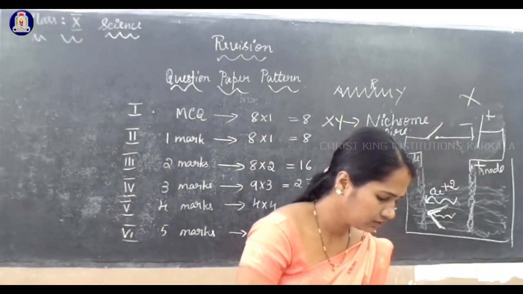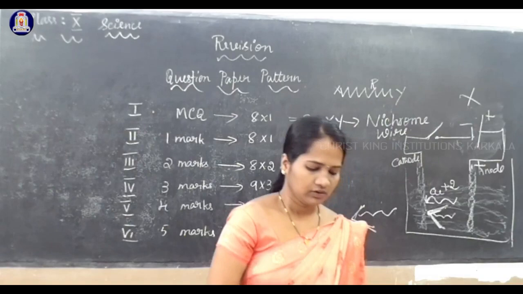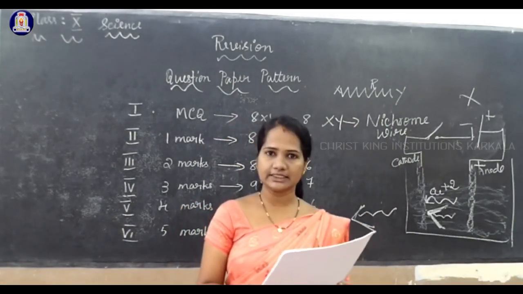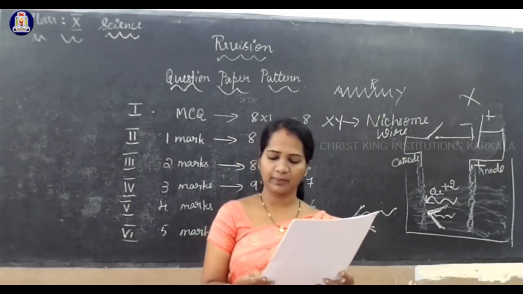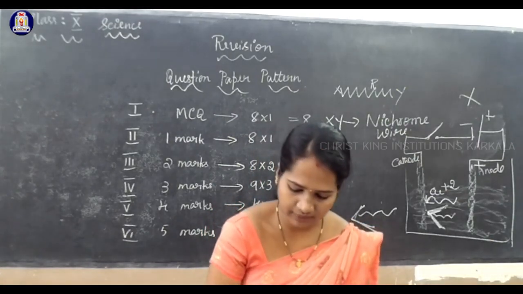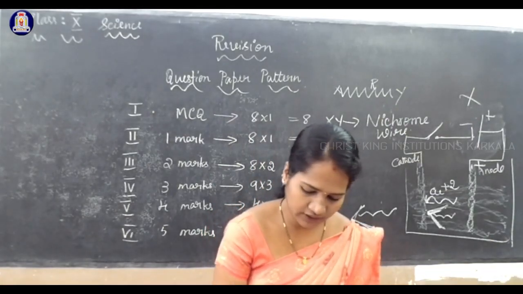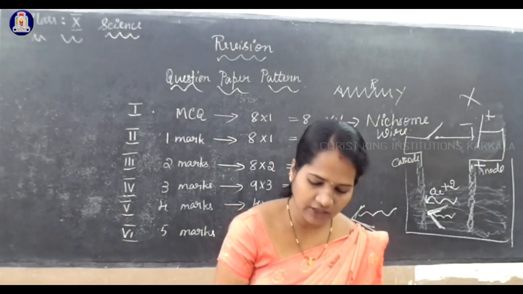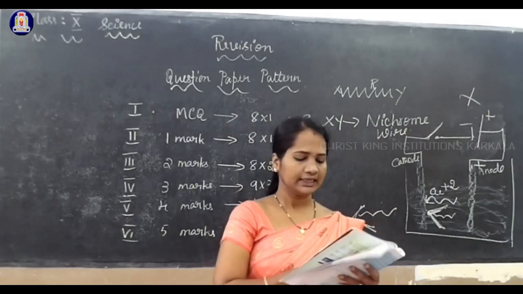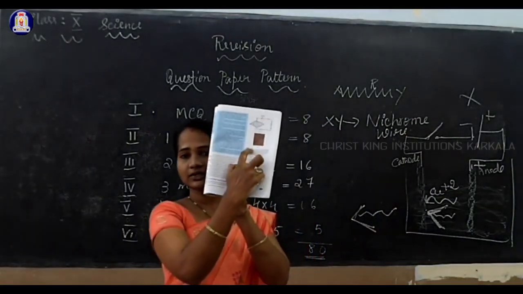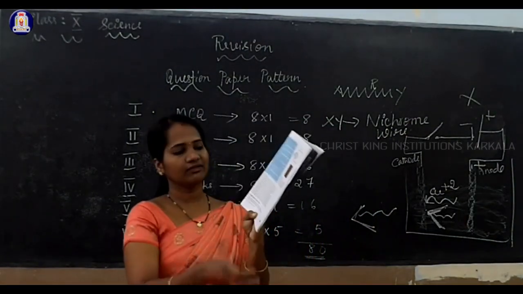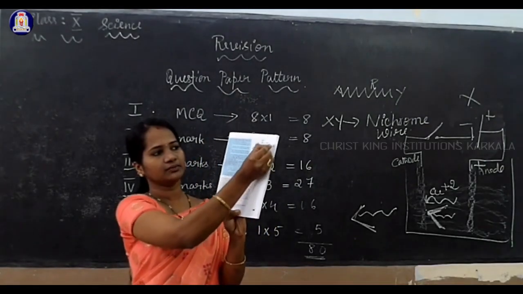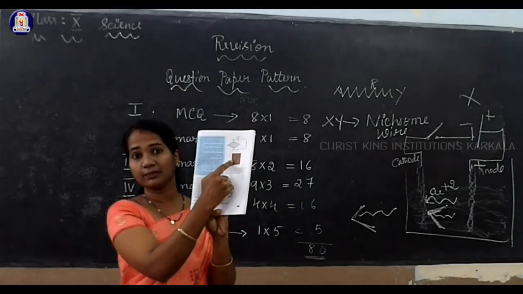Next, we'll move to the next lesson, that is the magnetic effect of electricity. In that lesson, page number 121, figure 13.6, diagram A, the first diagram, not the B diagram.